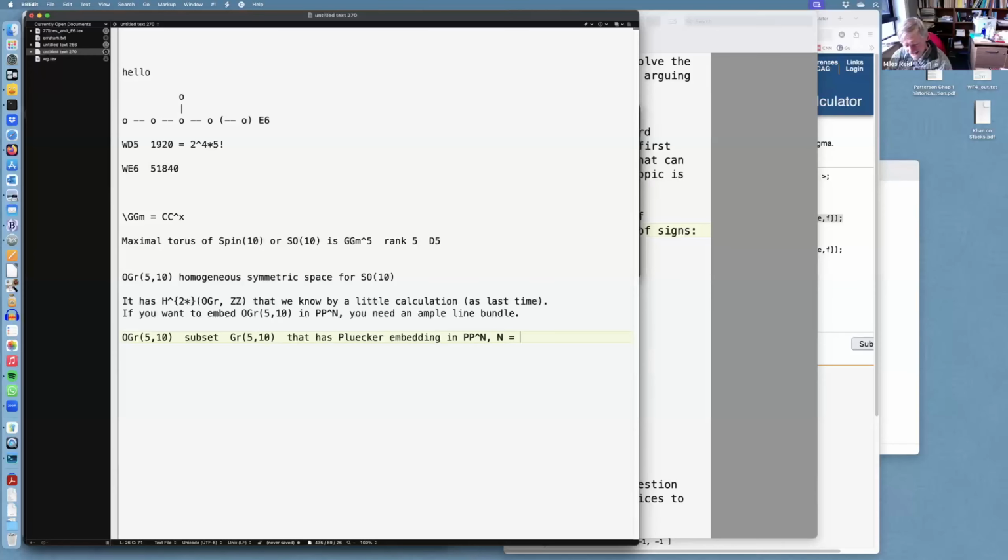So that n is 10 choose 5 minus 1. Yes. Now, the problem with this is that this is an uncomfortably large number.